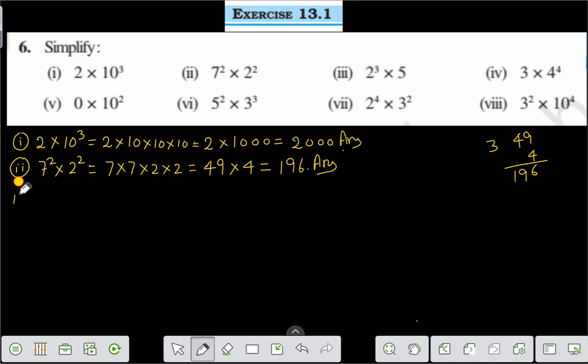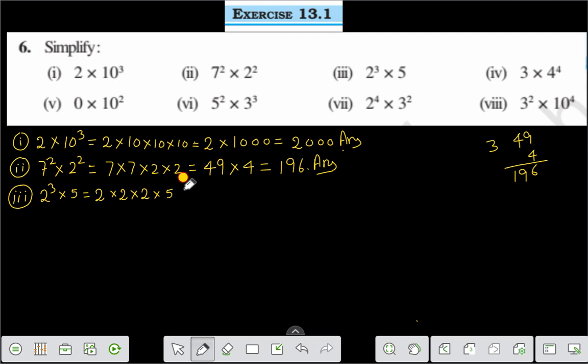Now question number 3 is 2 to the power 3 into 5. 2 to the power 3 means 2 into 2 into 2 into 5.